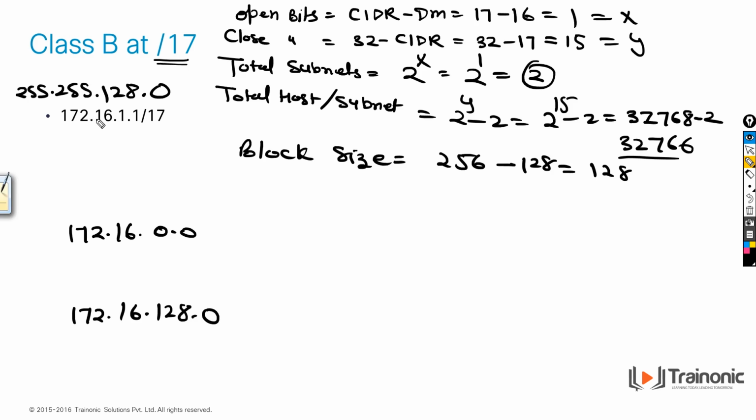Now the question is why I'm changing the block in the third octet. The reason is 17 is 8 plus 8 plus 1. So 8 plus 8 is 16, and 17 belongs to the third octet. That's why I am changing the third octet.